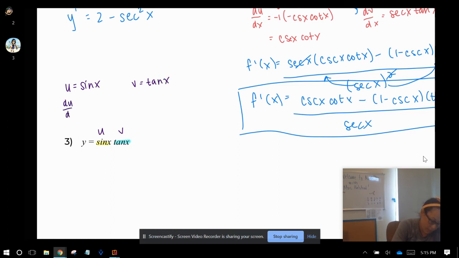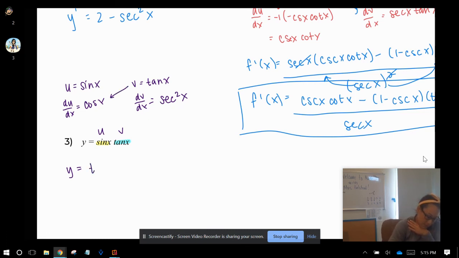du dx, so the derivative of sine is cosine of x, and the derivative of tangent is secant squared x, which we just found out. So we go, the derivative of the left, sorry, the right times the derivative of the left.